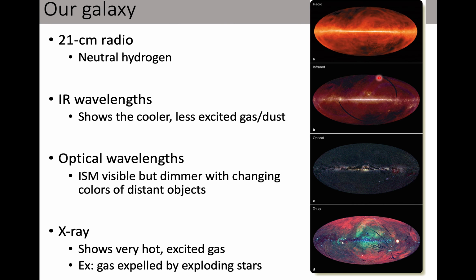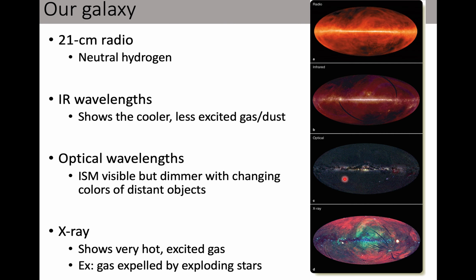If we look at the infrared wavelength, we're not seeing as much of the ISM. We're only seeing the cooler, less excited ISM material, or gas and dust that is not quite as hot. In the optical wavelengths, we do not see the ISM. We do see some dimmer blockage here. By optical, they mean visual.